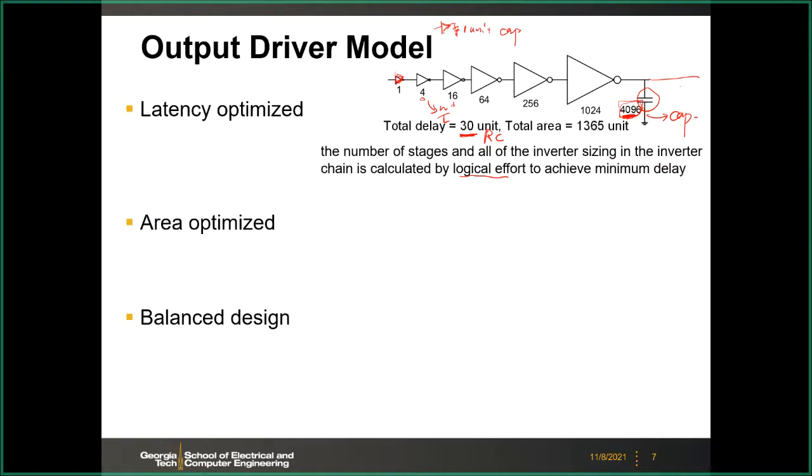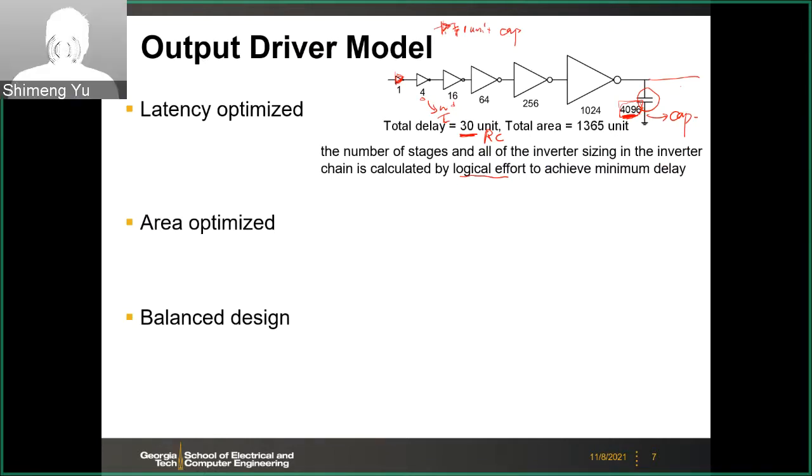The minimal transistor will give you 1 RC unit delay if you have a minimal size inverter, and a minimal unit cap gives you 1 RC delay unit. And here, if you do this, you will get 30 unit RC delay.